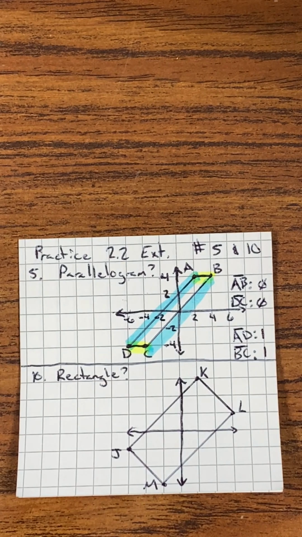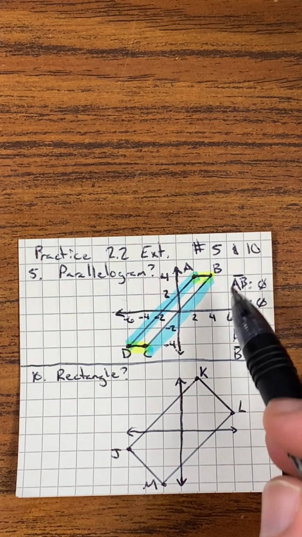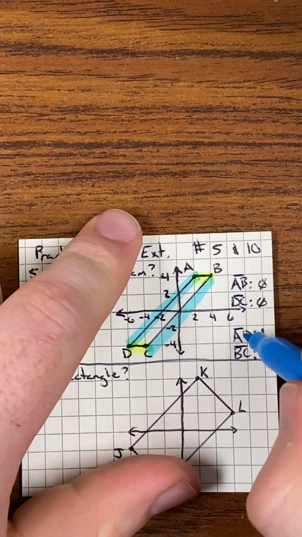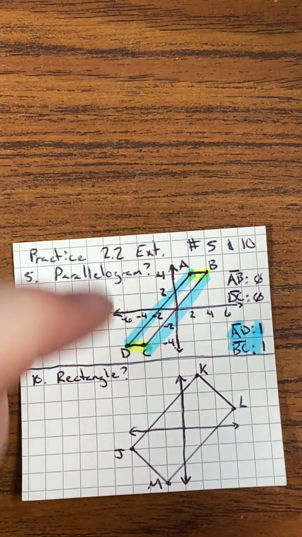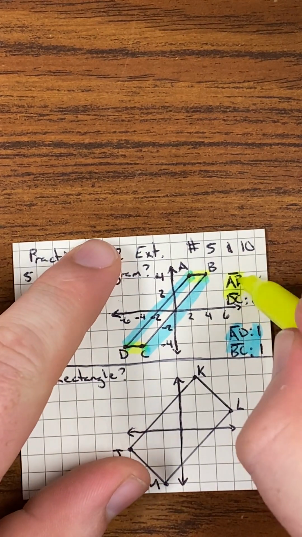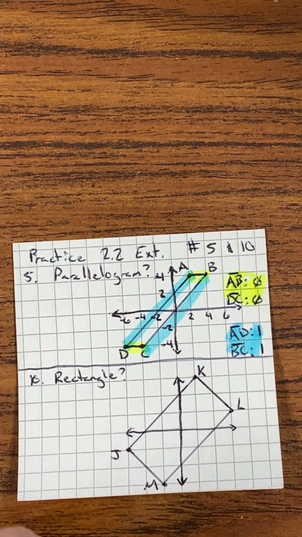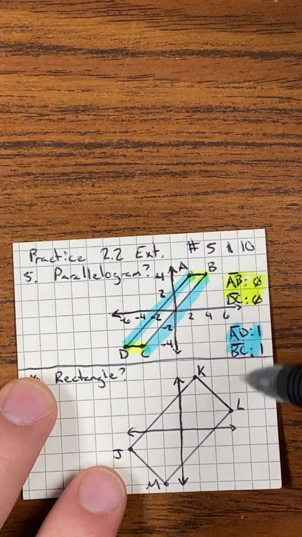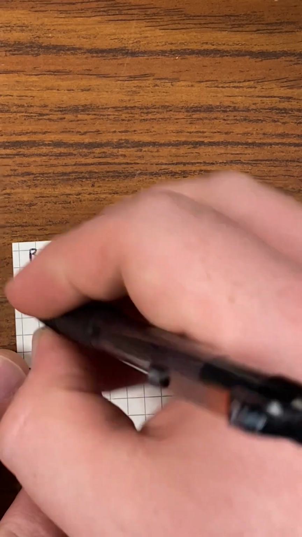Okay, so I just proved that these two have the same slope and these two have the same slope, right? Let me go ahead and highlight what we just did. We just proved that these lines are parallel to each other. And if that's the case, since these are parallel to each other, we can say yes.